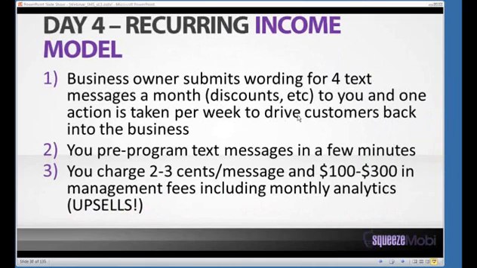The way you monetize it is, the great thing about that system that we just showed you, the SqueezeMobi Linear platform, is that the business owner can just submit a wording for 4 texts a month, tell you what type of discounts at the beginning of the month, and you just take one action per week, drive the customers back into the business once you follow the exact steps I did, so that you can help that business build a list of numbers and then drive all those customers back into their business, showing them a real ROI.